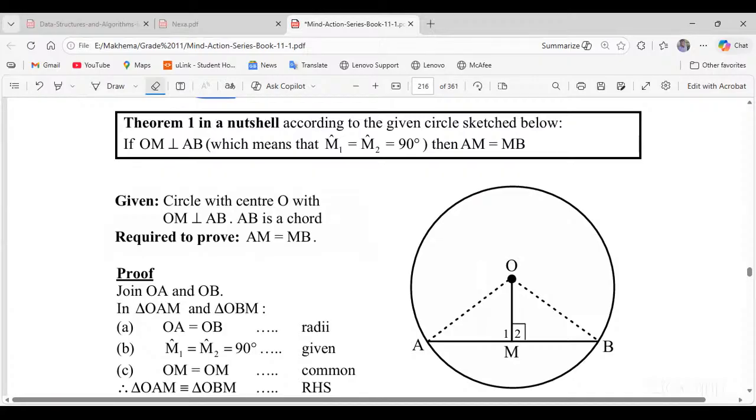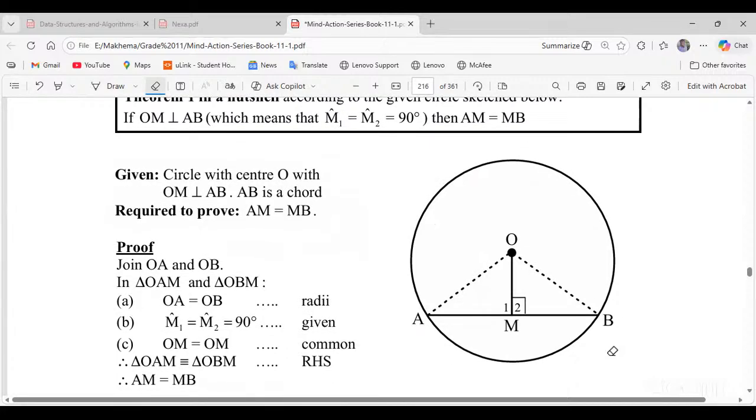Now, if you are given a circle with the center O, such that OM is perpendicular to AB, and AB is a chord, then you are required to prove that indeed AM is equal to MB. Please listen carefully, because you might be assessed on this proof in your paper.